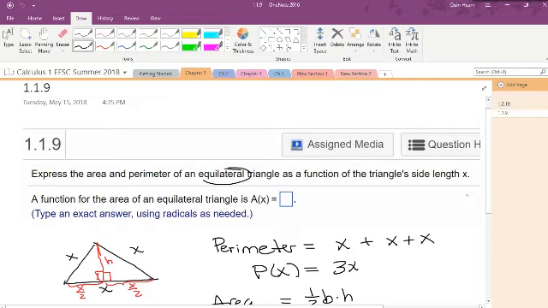Priya has a question, or Priya, sorry if I'm pronouncing your name wrong. Question from the section 1.2 homework.